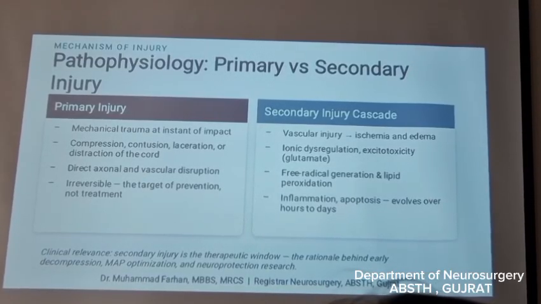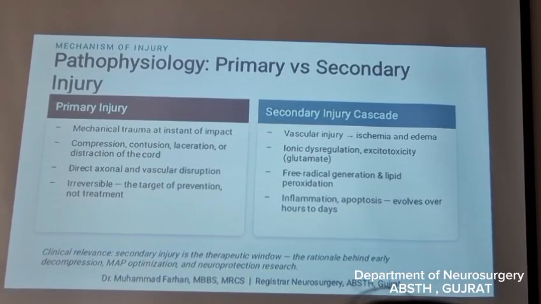Then free radical generation and lipid peroxidation. After the impact, when these excitatory neurotransmitters are released, high energy metabolism occurs, and oxygen free radicals are formed, and usually the antioxidant pathway is also affected in this trauma, which leads to a further increase of free radical oxygenation and lipid peroxidation.